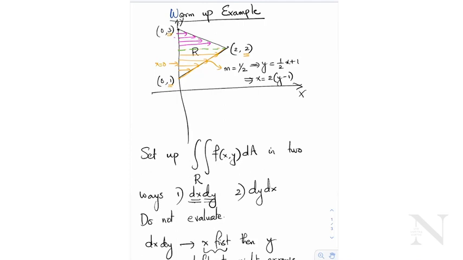And similarly, up here, the slope, whichever way you look at it, is going to be negative 1/2, I think, right? So the equation would be y equal to negative 1/2 x plus b, and it passes through the point 0, 3. So when x equal to 0, y equal to 3, so that's going to be negative 1/2 x plus 3.